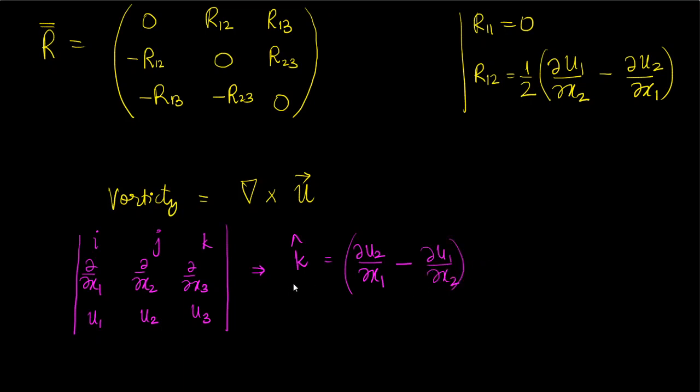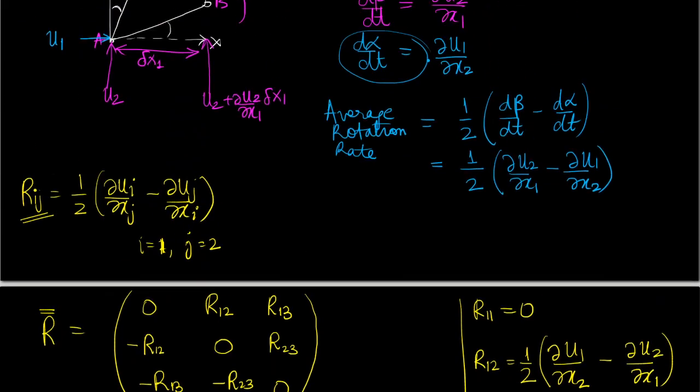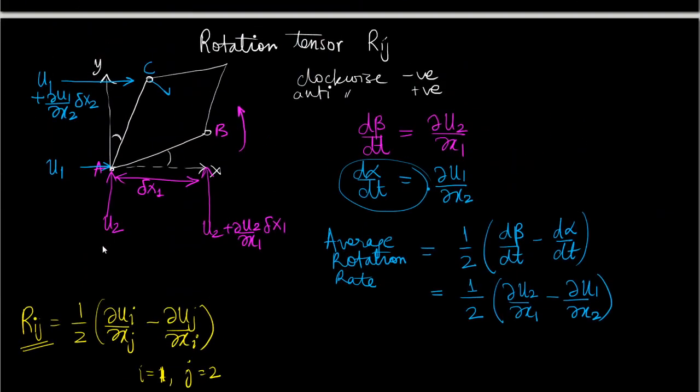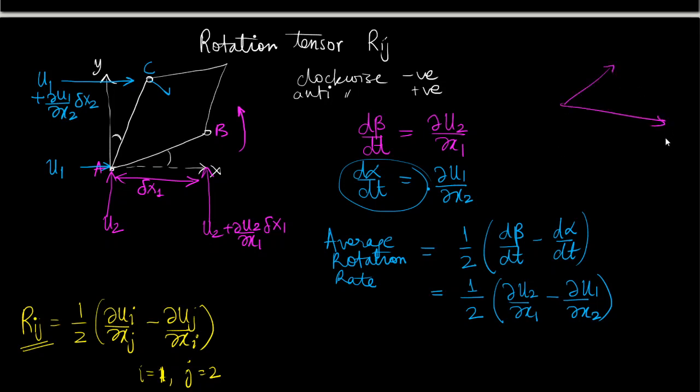And the reason why I have chosen to write down the first component, the k component, is because our analysis of the rotation is in the xy plane. So if something is in the xy plane, the curl will be orthogonal to the xy plane. So we will get the z component of the vorticity.